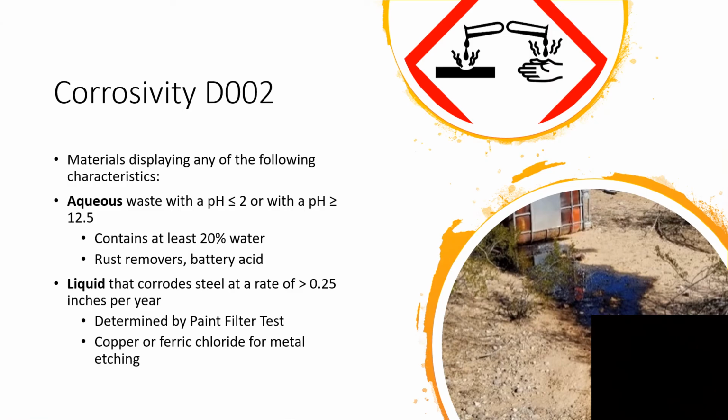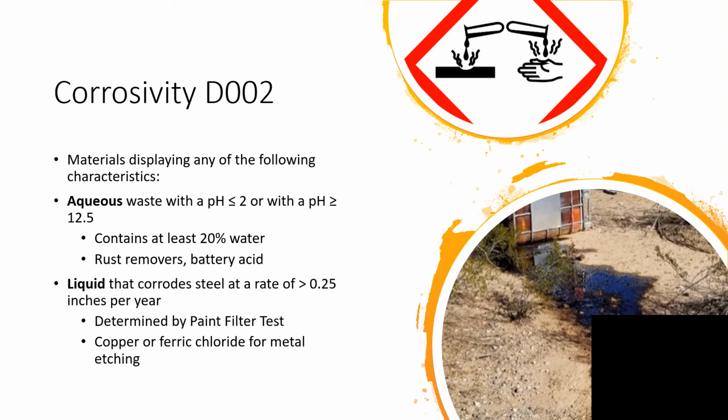For corrosivity, it is materials displaying the following characteristics. For liquid wastes, it is anything that corrodes steel at a rate of more than 0.25 inches per year.